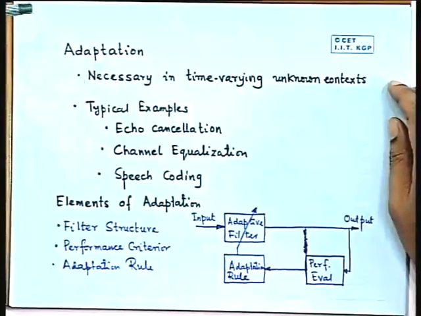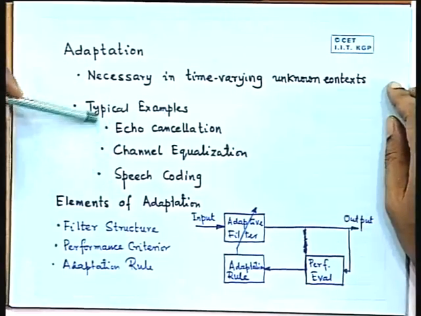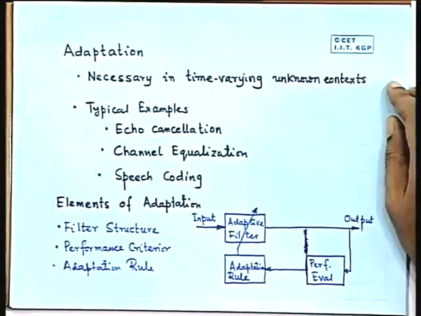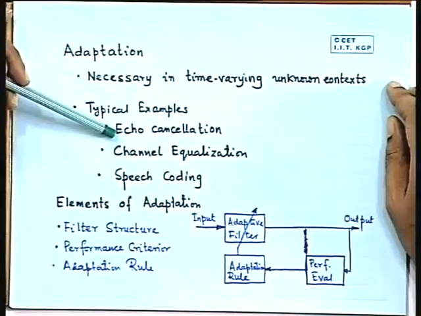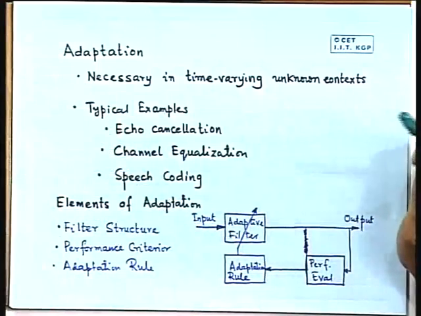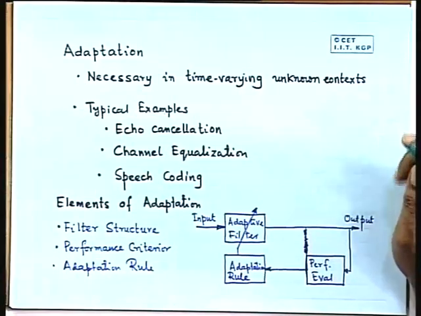In such situations, you need adaptive algorithms, and a typical case where these adaptive filters are used is echo cancellation. Have you seen that? Especially if you ever happen to talk in overseas telephone calls, you can actually make out that there is a propagation delay.